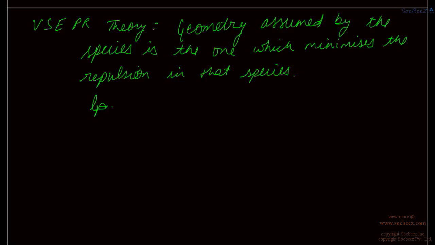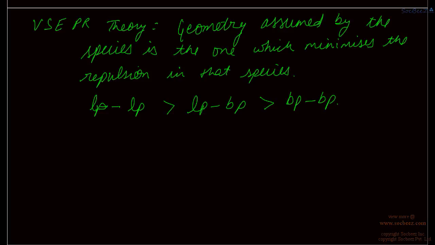And lone pair repulsion is greater than lone pair bond pair repulsion, which is further greater than bond pair repulsion. Therefore always give preference to eliminating lone pair repulsion first, then eliminate lone pair bond pair repulsion, and finally eliminate bond pair repulsion.